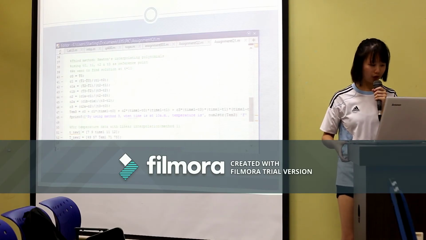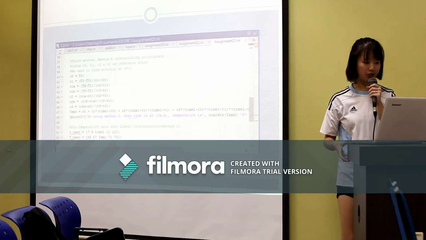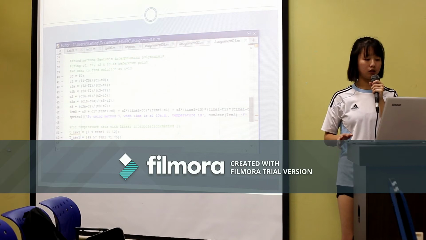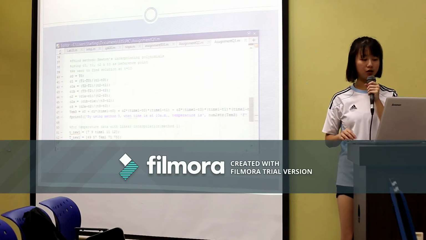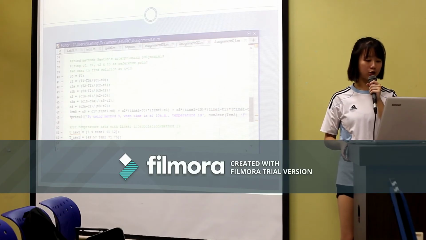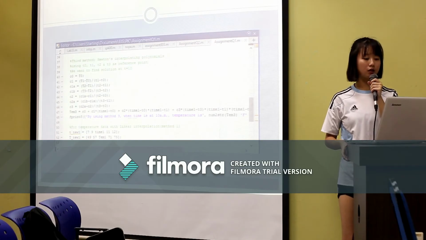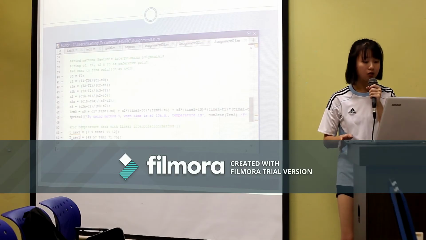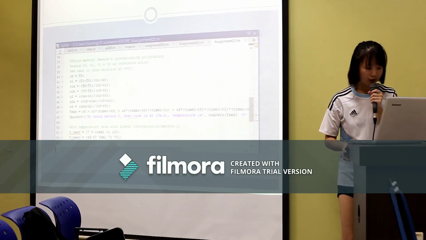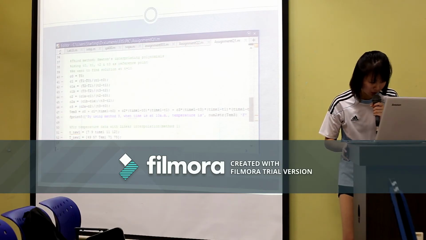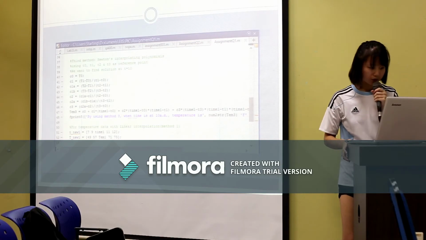So the formula of the temperature three is C0 plus C1 times time 1 minus T0, T0 is 7, then plus C2 times time 1 minus T0 times time 1 minus T1, and the last plus C3 times time 1 minus T0, time 1 minus T1, and time 1 minus T2.